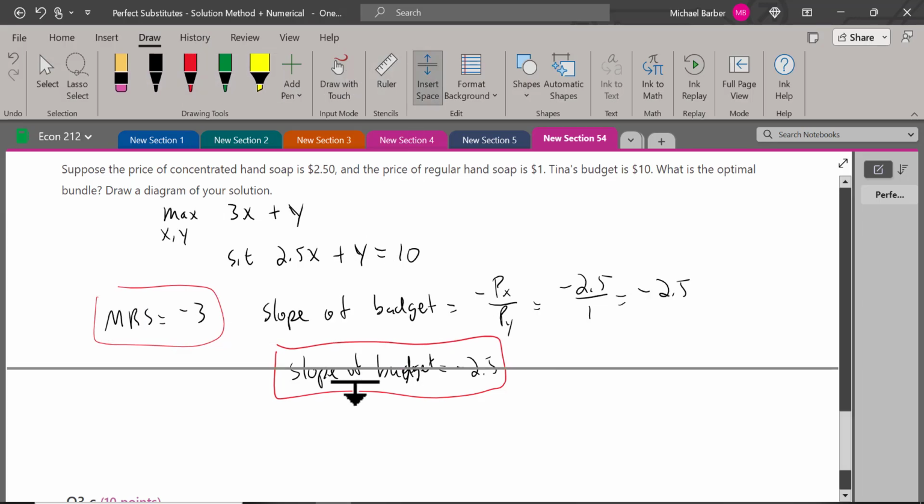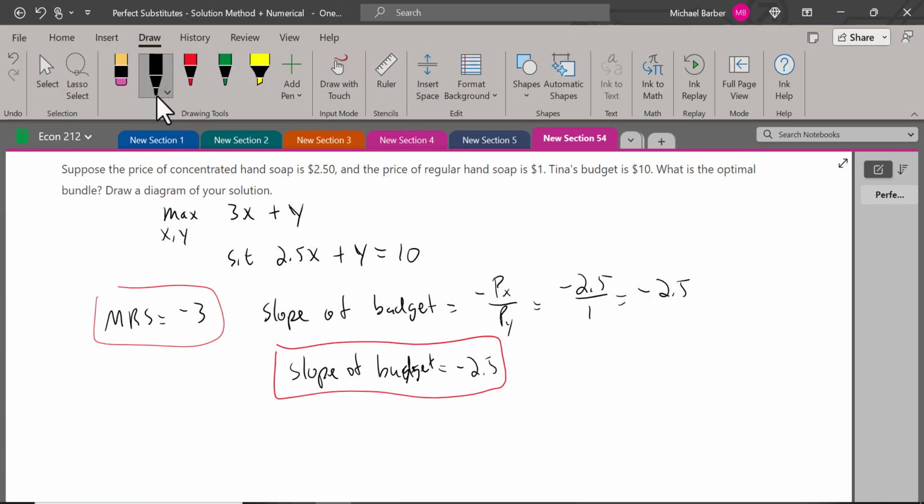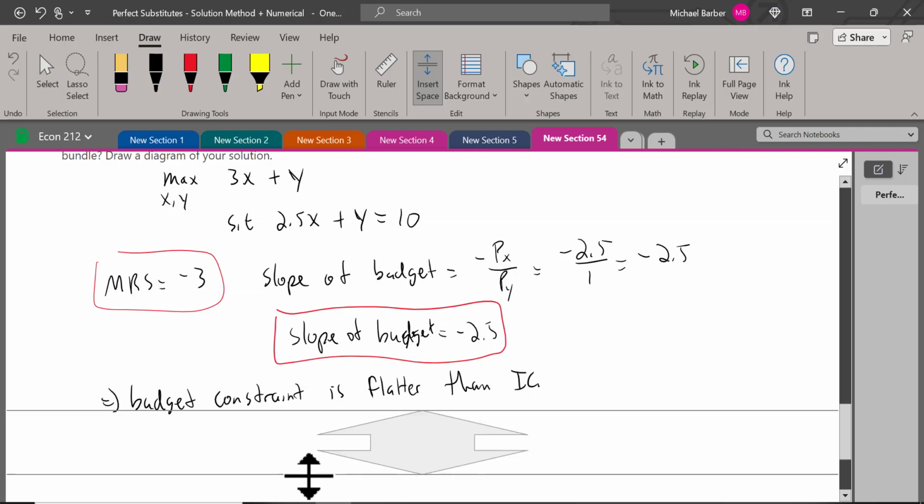Hopefully we can see that. So if we were going to draw a solution to this, we're only going to spend our money on good x here.